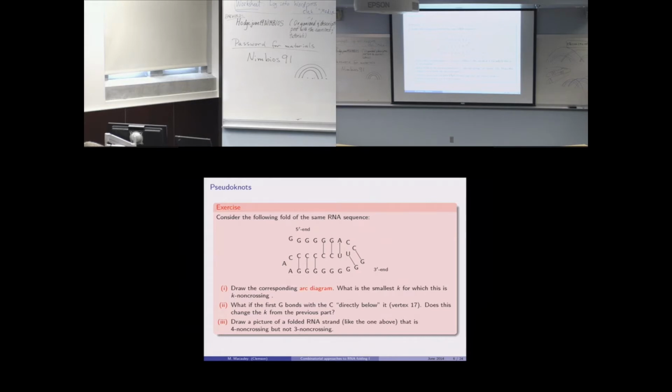So mathematically you could create a 6 non-crossing structure. Physically, that's not realistic. I want you to try a few things and see if you can come up with a little squiggle, like a little cartoon, that actually is a 4 non-crossing diagram. I'll give you a minute to do that.